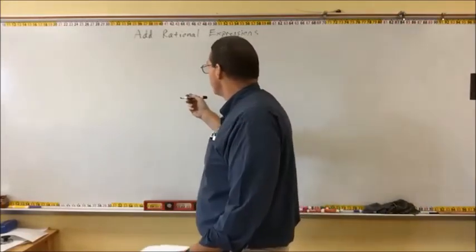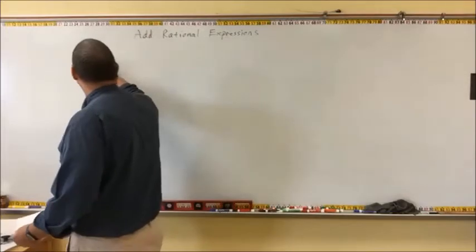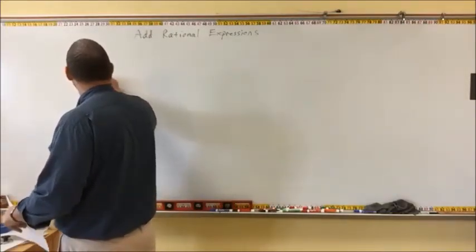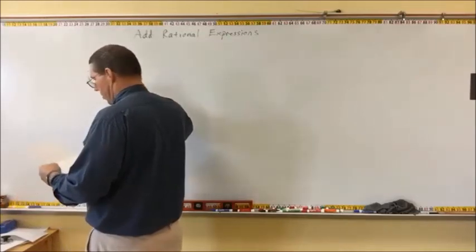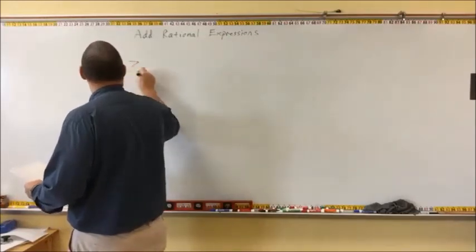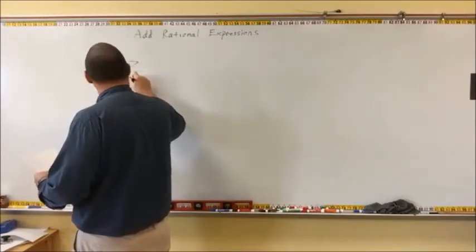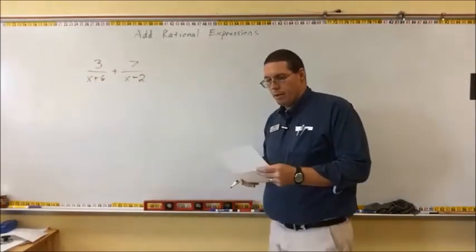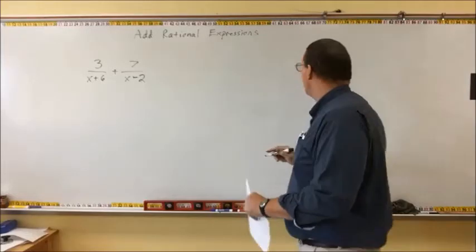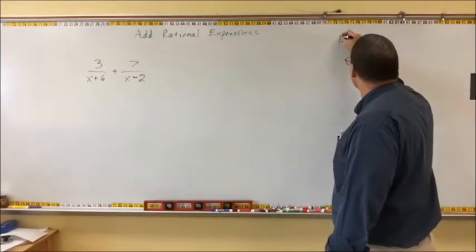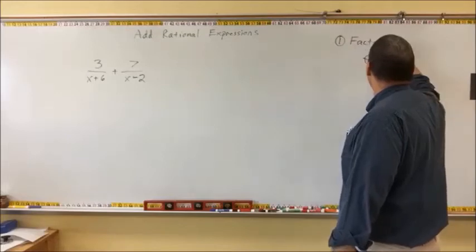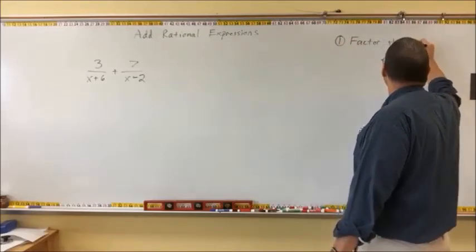So let's do our first example. Let's say that we had 3 over x plus 6 plus 7 over x minus 2. All right? Now, the first step in doing these kinds of problems, the very first thing that you always want to do is you want to factor the denominators.